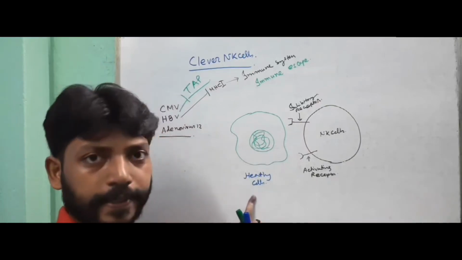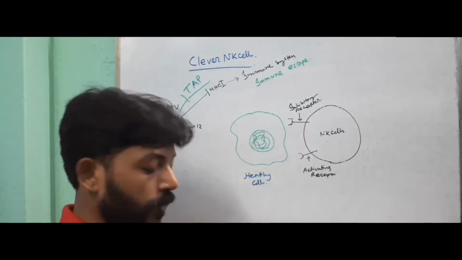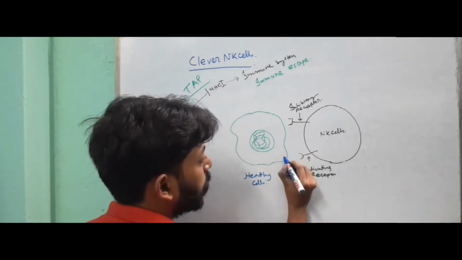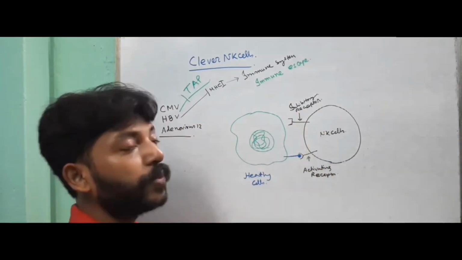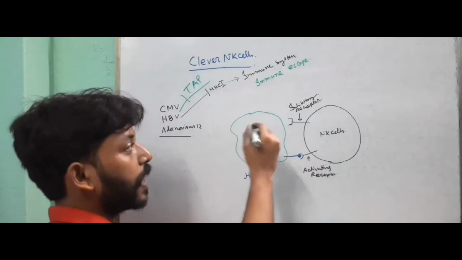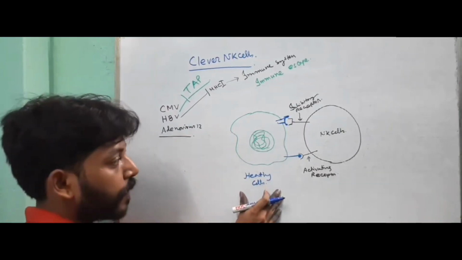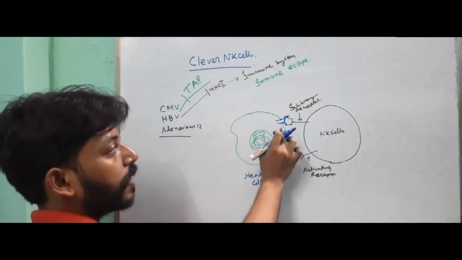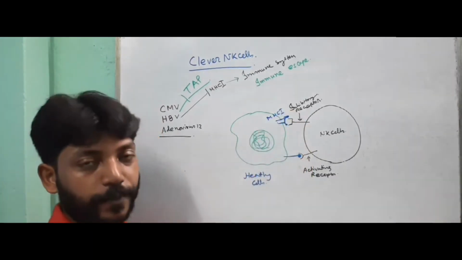So this healthy cell expresses two types of ligand, one for the activating receptor and one for the inhibitory receptor, and for the inhibitory receptor the ligand is MHC-I. So when the cell is healthy, it expresses a ligand for the activating receptor and a ligand called MHC-I that binds with the inhibitory receptor.